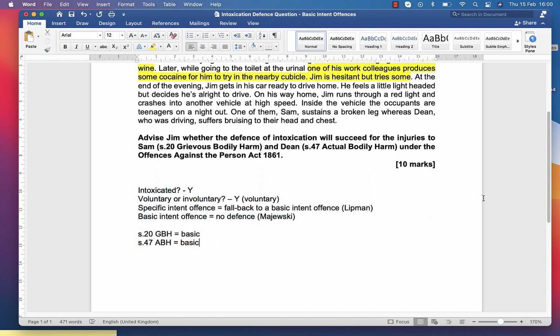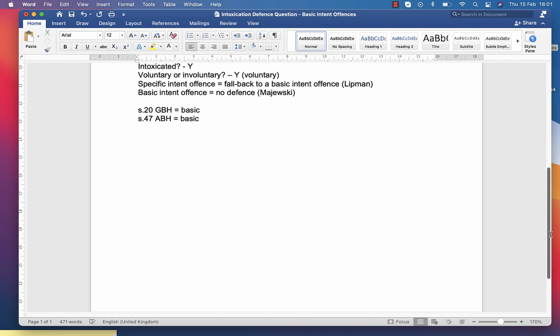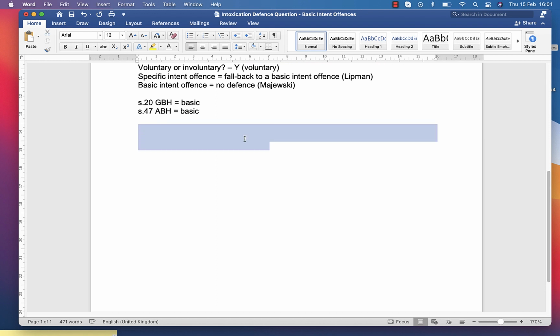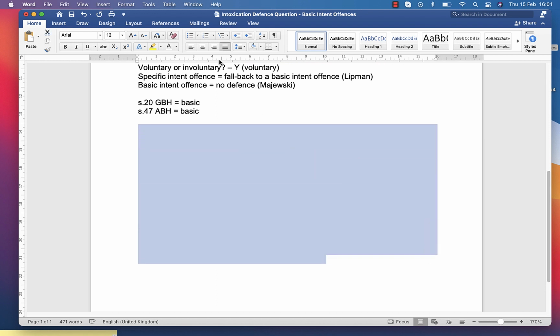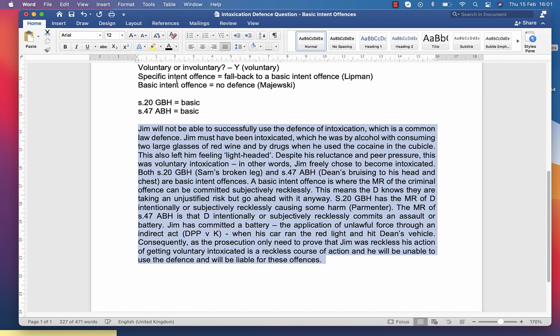Now, we already know then, because we have to do all the workings out, that if it's a basic intent offence, he has no defence. So what I've done, just below, I think I've hidden it, so I'm just going to highlight it again, there we are, this is my answer to the exam scenario above. Again, a copy of that will be available in the description with the video.